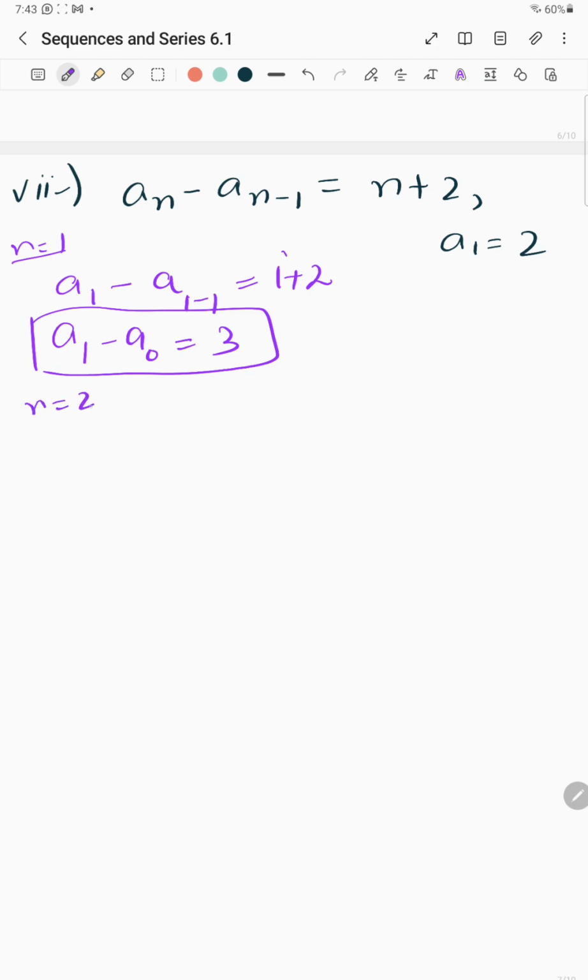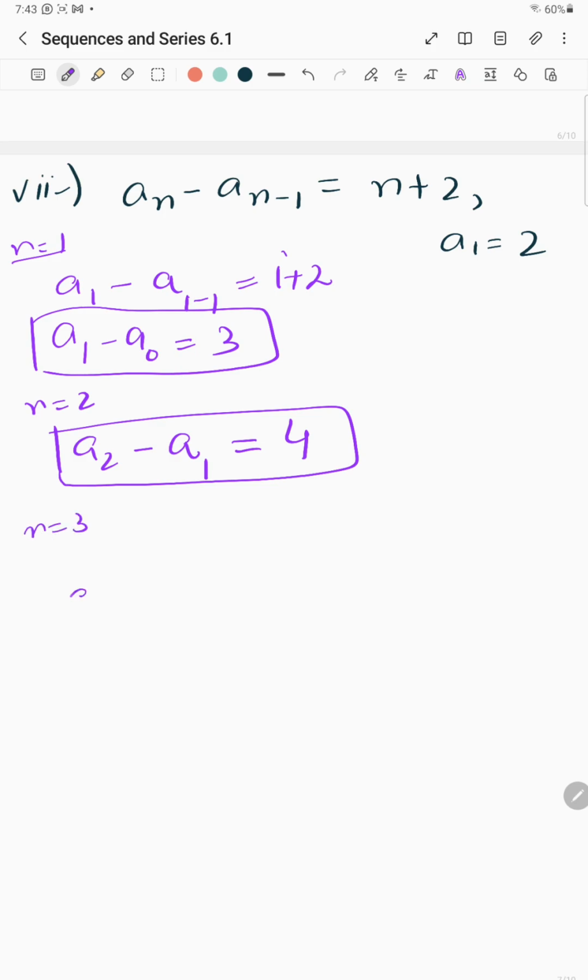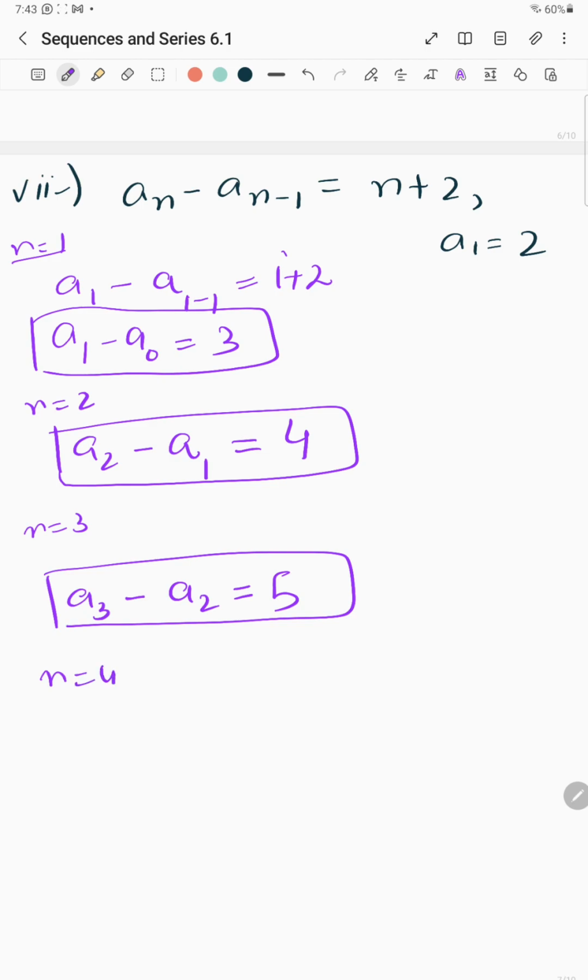Then n is equal to 2, a2 minus a1 is 1 and 2 plus 2 is 4. Then n is equal to 3, a3 minus a2 is 2 and 3 plus 2 is 5. N is equal to 4, a4 minus a3 is 3, and 4 plus 2 is going to be 6.